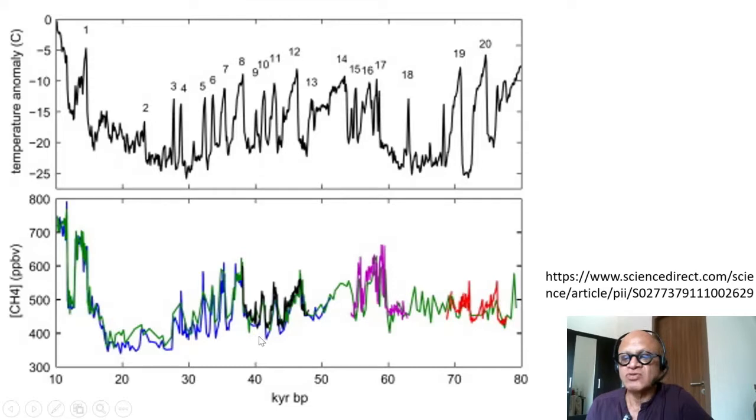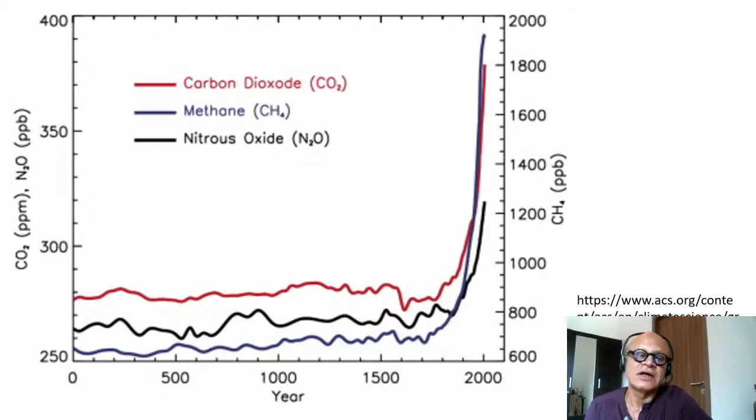These are two data sets from two sites, but you can see that there is a strong correlation between temperature anomalies and methane anomalies, so it is also a positive feedback at ice age timescales, unstable as we called it for the carbon cycle.